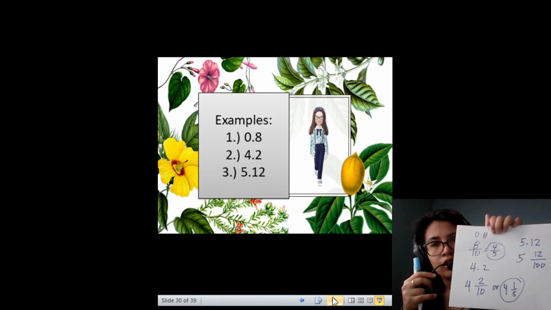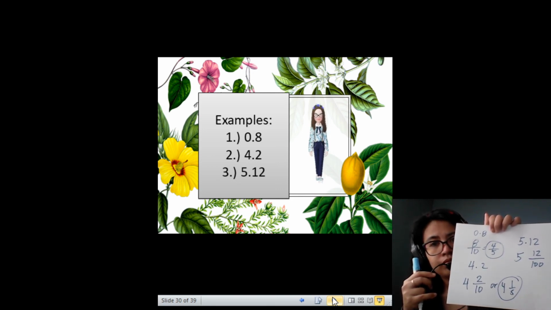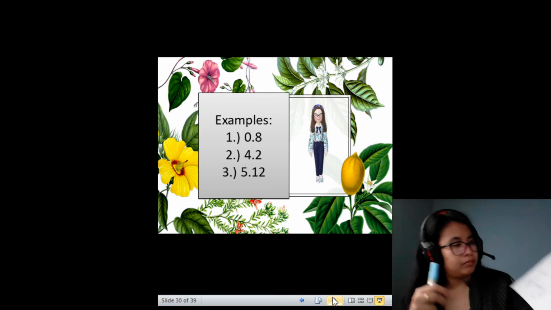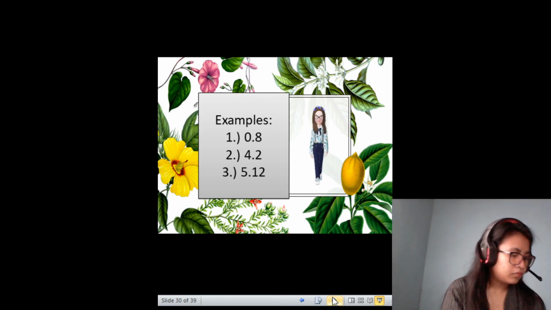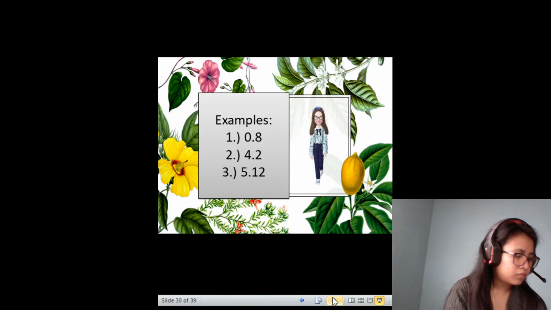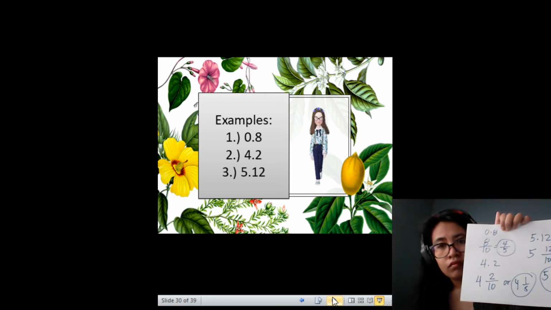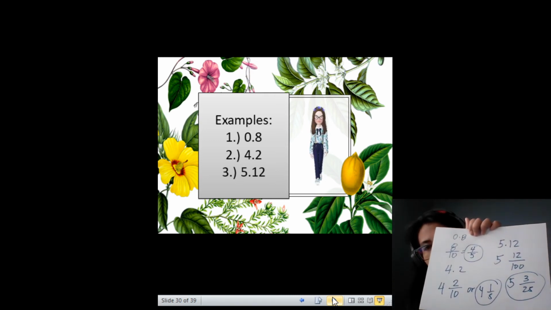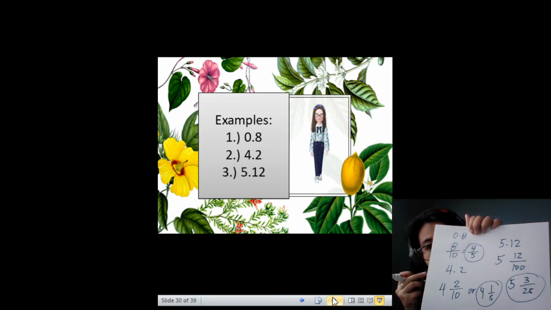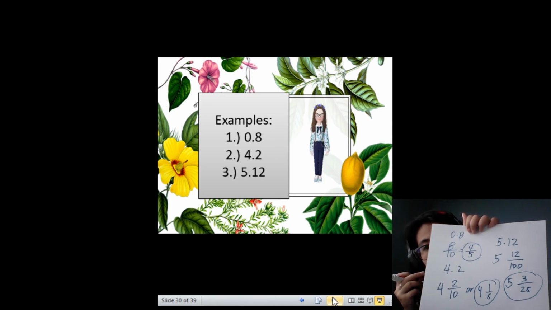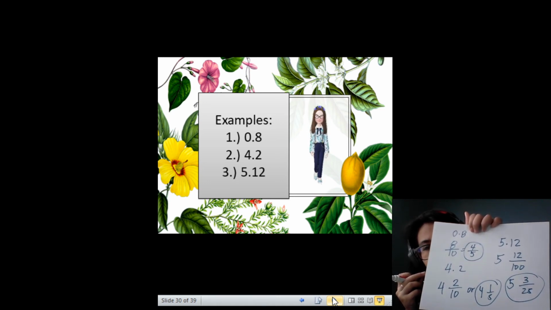And 12 over 100 can be simplified again by dividing by 4. 12 divided by 4 is 3, and 100 divided by 4 is 25.